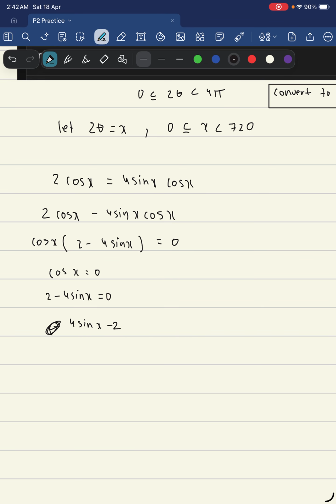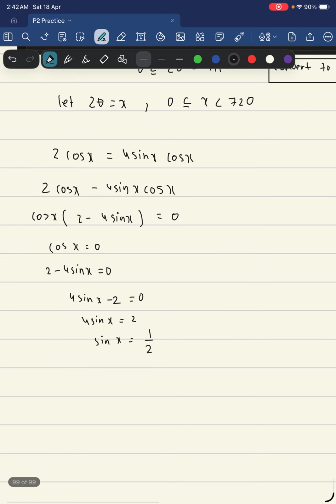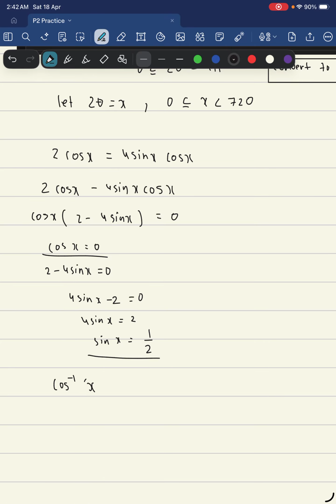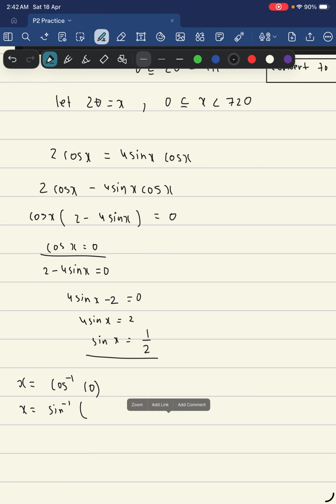And then here you need to solve for sine x. 4 sine x is equal to 2, so sine x is equal to 2 over 4, which is a half. Alright, so we got cos x is 0 and sine x is equal to half. So x is equal to cos inverse 0, and x is also equal to sine inverse half.